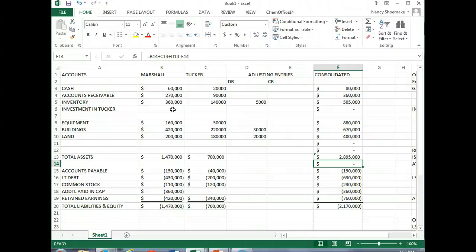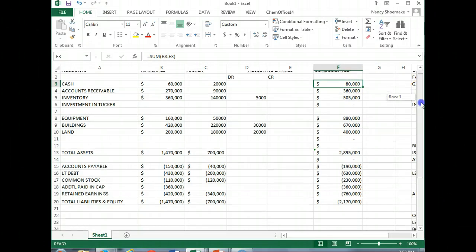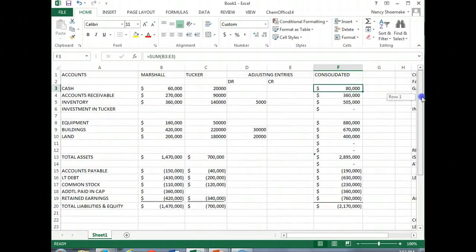Our total assets should be cash of... First, one question on your building and your equipment. Yes, is 160 plus 50 supposed to be 880? No. I've got my numbers goofy here, don't I?